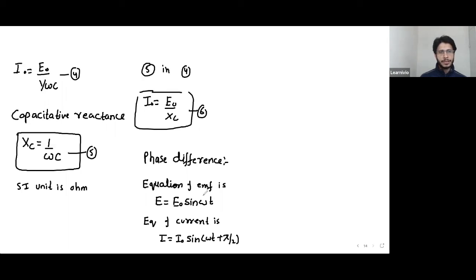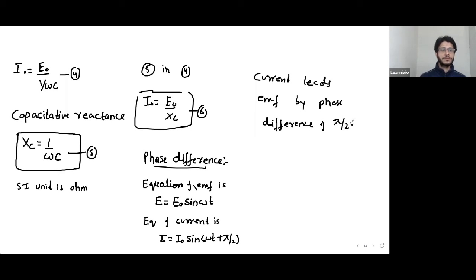So if you compare these two equations, you will see that they are not in the same phase. In fact, current leads EMF by a phase difference of pi by 2. This is it.